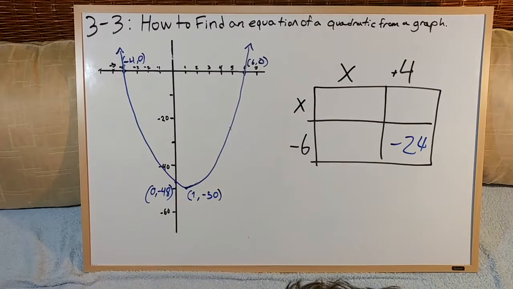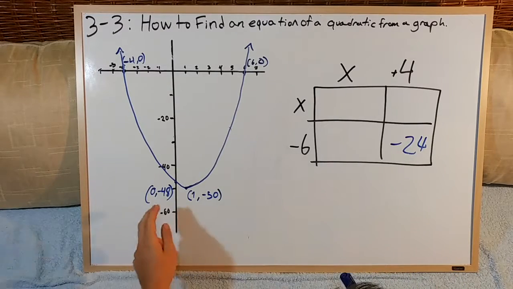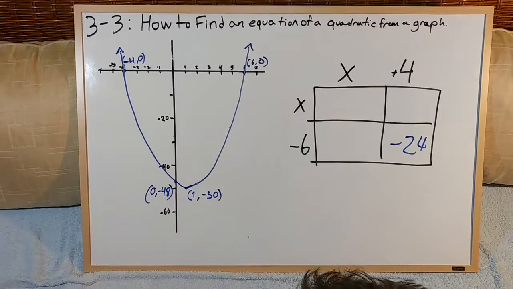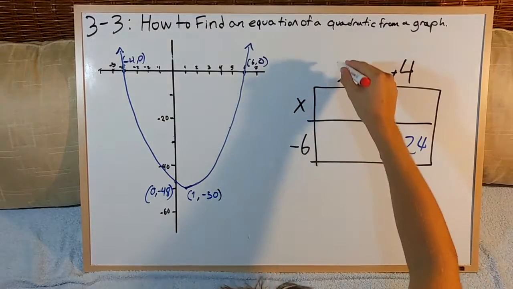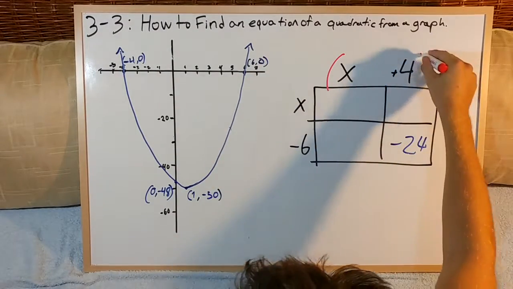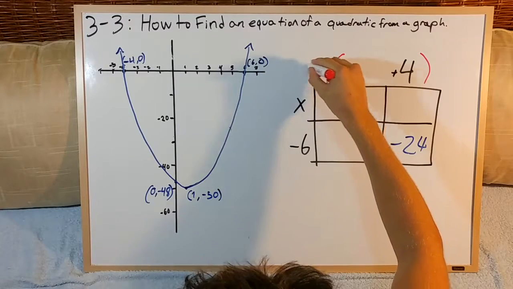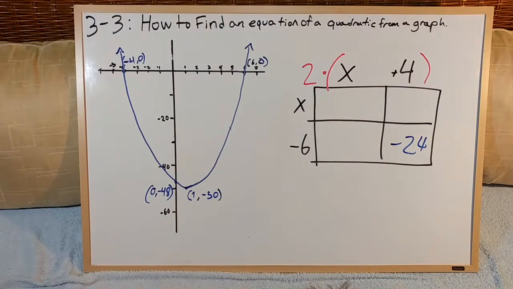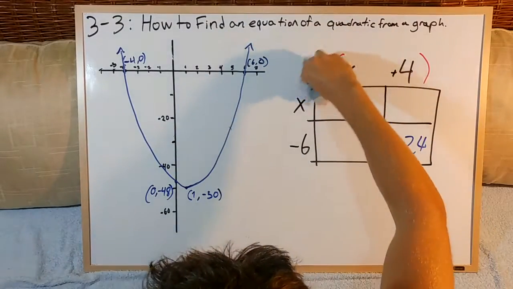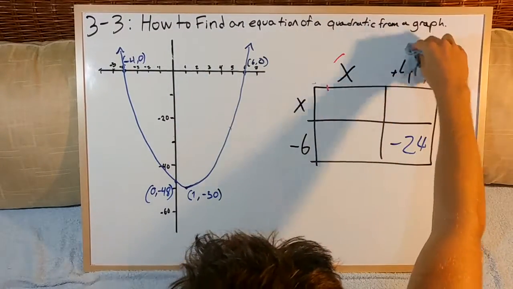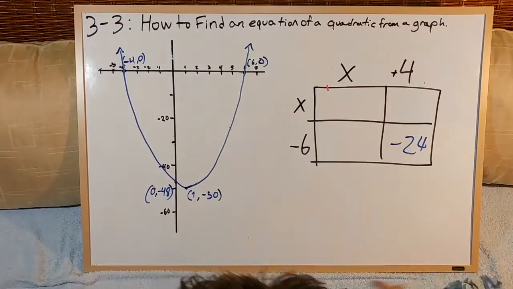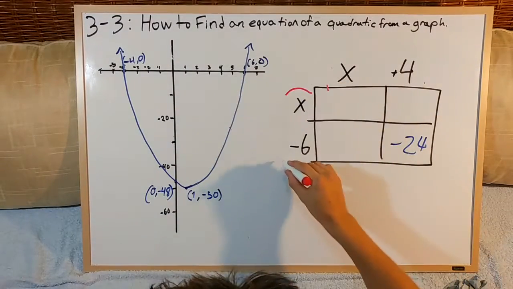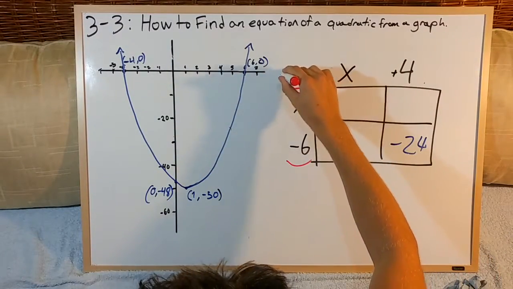And as I said before, we get from negative 24 to negative 48 by multiplying by 2. So what if we multiplied this section here by 2?